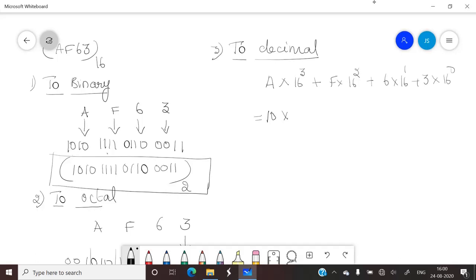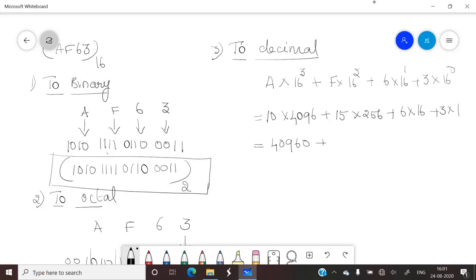So 10 into 16 power 3, 4096. F is equal to 15 in decimal. So 15 into 16 power 2 is 256, plus 6 into 16 plus 3 into 1.